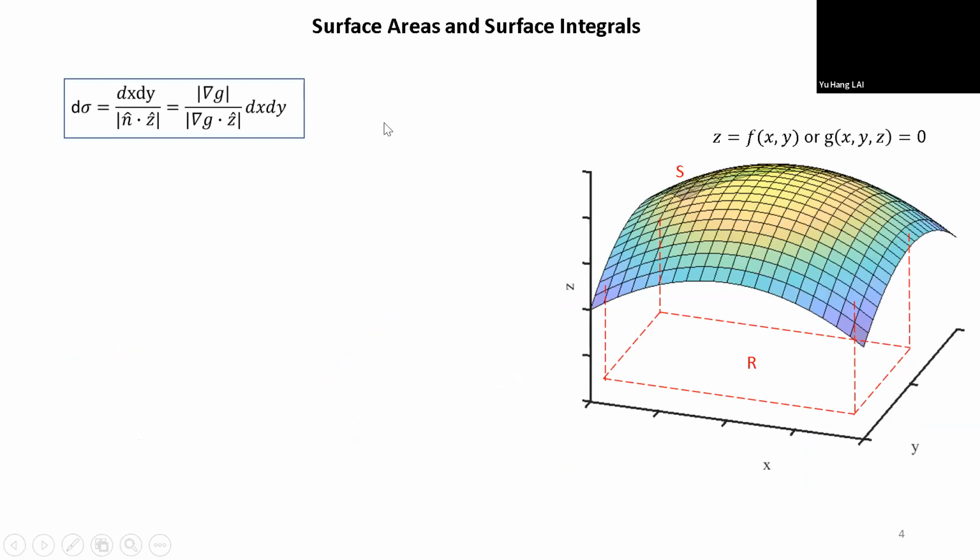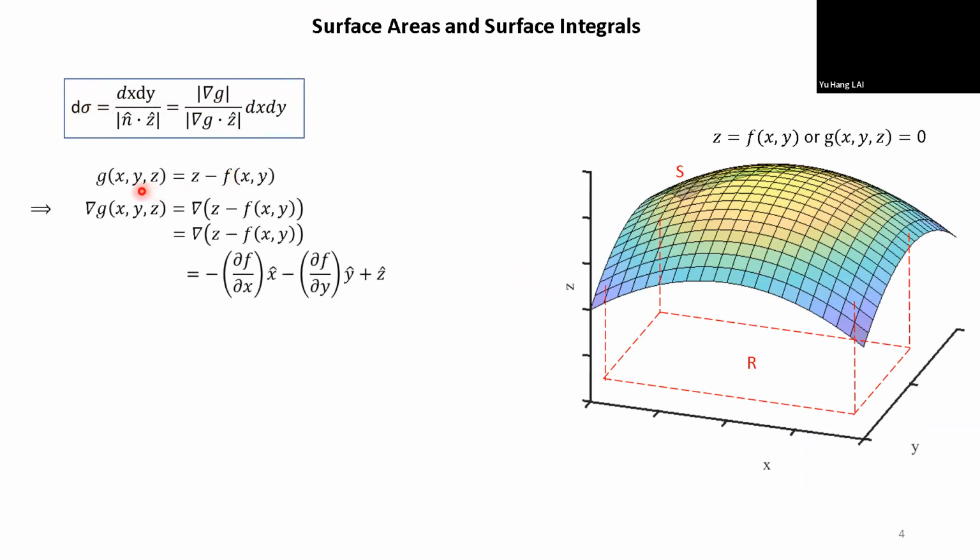So now let's work it out. How do we find the gradient of g? If we can find the gradient of g, then we successfully find the expression for this small area element, and then we can do the double integral. Remember, by definition, g is equal to z minus f(x,y). Taking the gradient, we just use the standard formula that you have before.